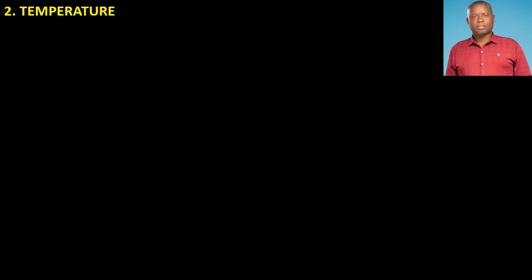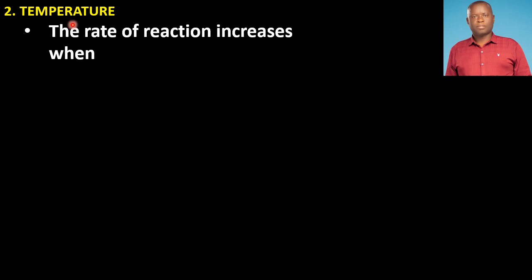Another factor that affects the rate of reaction is temperature. How do you think temperature would affect the rate of a chemical reaction? Investigations have shown that the rate of a chemical reaction increases when temperature is increased.